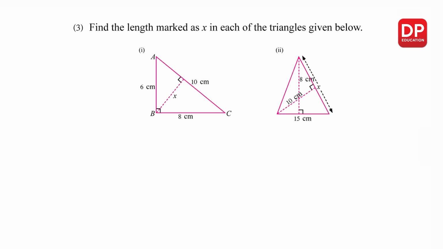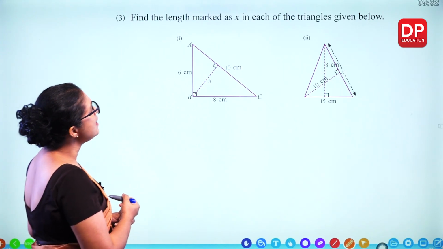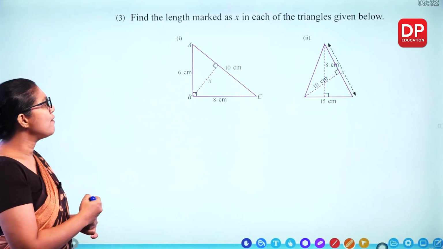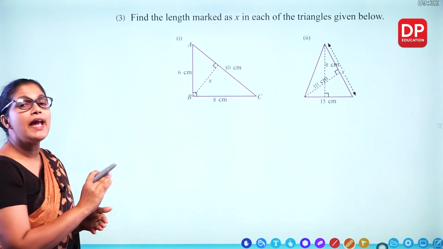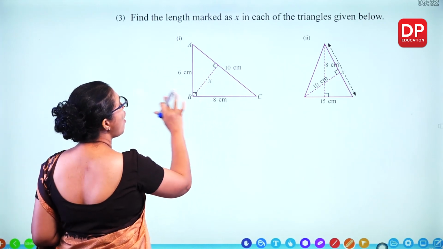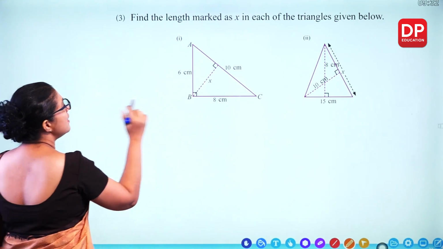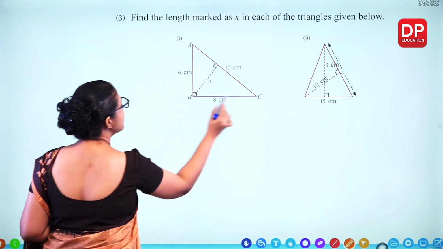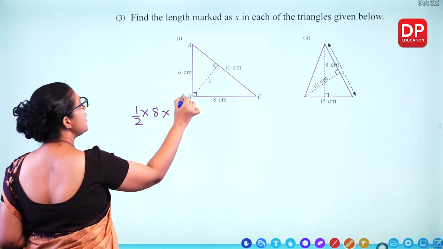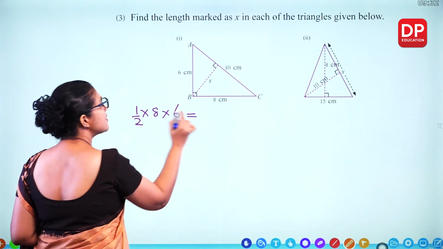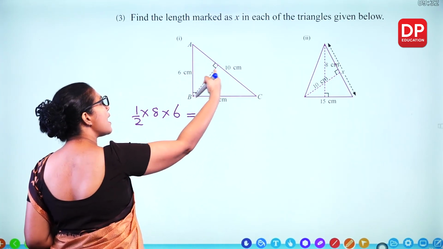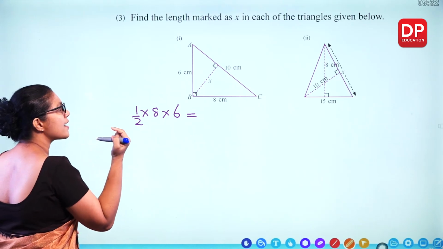Question number 3. Find the length marked as x in each of the triangles given below. So you can find x using area of the triangle. So we can equate area of triangle ABC. If you take base as 8, half times base 8 into perpendicular height 6 is the same as when you take base as 10 and the perpendicular height is x.